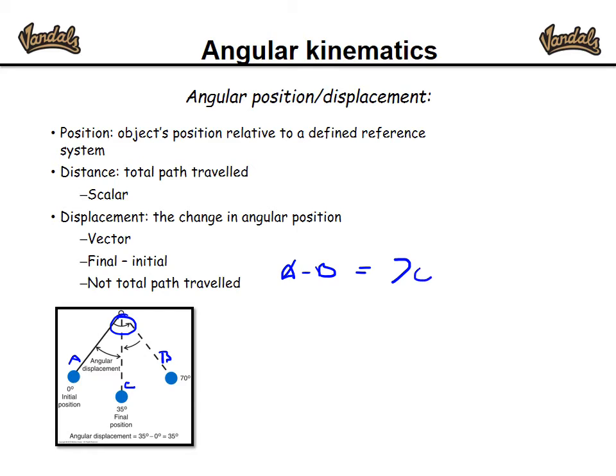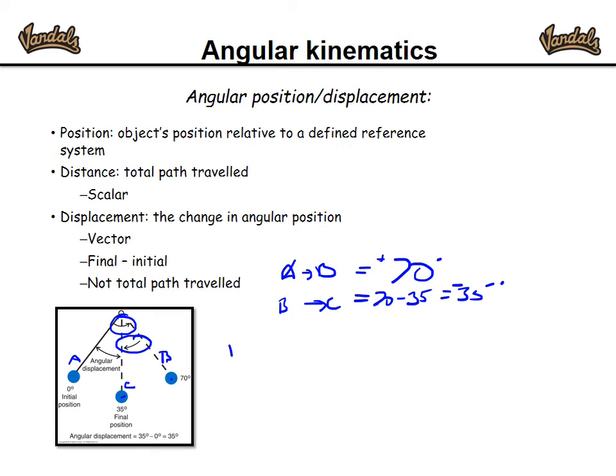That's 70 degrees, and it's a positive value because it's counterclockwise. And I go from B to C, that is from 70 to 35, but in the clockwise direction. So 70 minus 35 is 35, but it's in the negative direction because it's clockwise in motion.